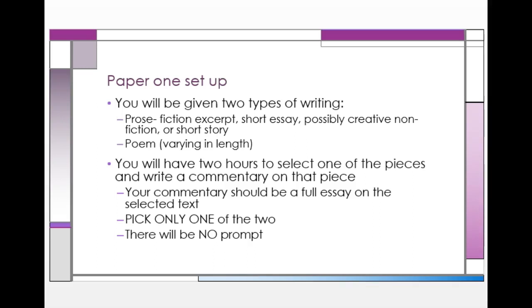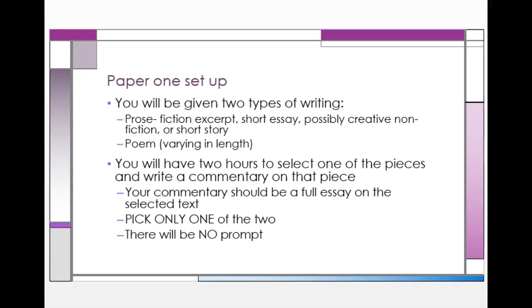So I encourage you to pick the poem, simply because I feel like you study the poems a lot, the poems that we did in the beginning of the year. I feel like you have a good grasp on different poetic techniques and conventions that an author uses. So I urge you to go back to your notes from the beginning of the year and look through the notes that you've taken on conventions.